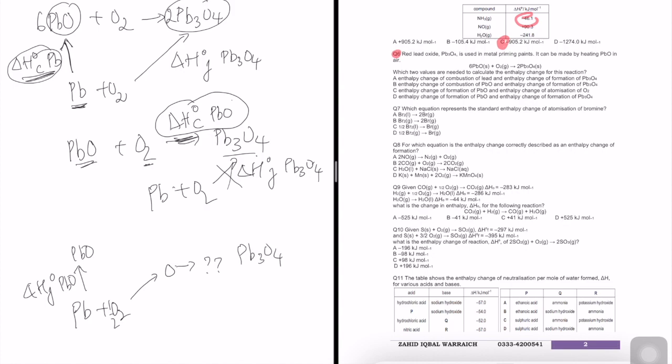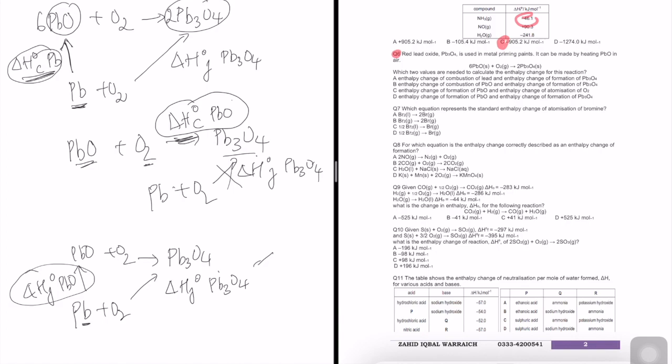Okay, so for the last option we have here, the enthalpy change of formation of PbO, which is the one we have right here, and the enthalpy change of formation of Pb3O4. This one now makes sense, because if I write out what they mean, the enthalpy change of formation of Pb3O4 is from Pb and oxygen going to Pb3O4. So they give you this number, and we know that if we keep burning PbO, it goes to Pb3O4.